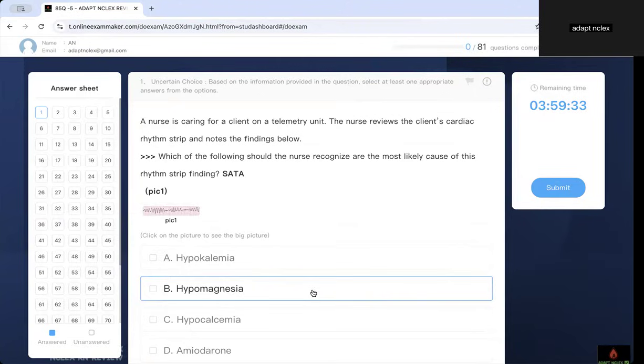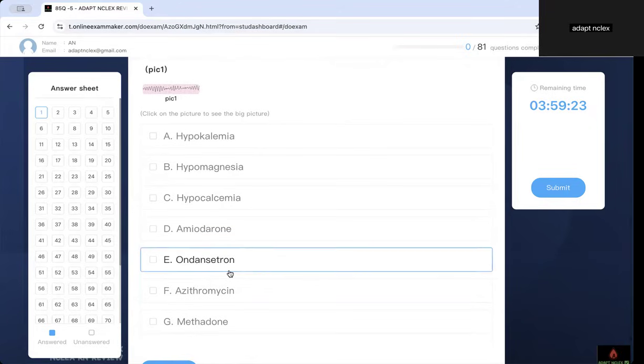All I'm saying is there is a strip. What is causing the problem? And I've given you options: hypokalemia, hypomagnesemia, hypocalcemia, amiodarone, ondansetron, azithromycin, methadone. There's a theme among the answers.